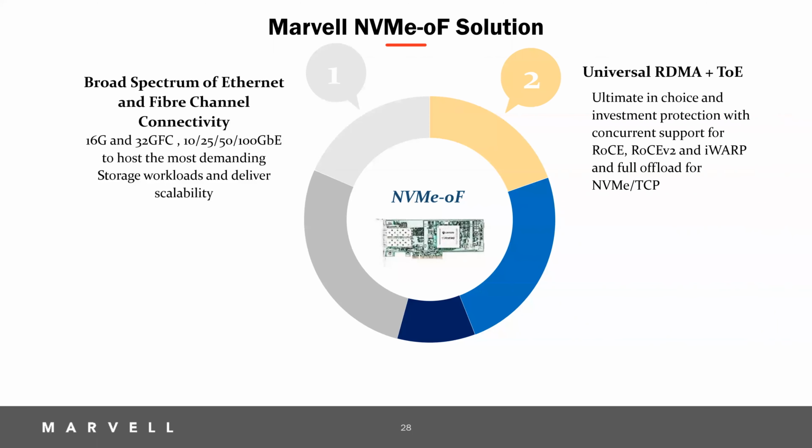So customers have the ultimate choice in the type of RDMA protocols they want to use. This discussion is about NVMe over TCP, and the special thing within Marvell Ethernet technology that fully offloads the NVMe over TCP stack is that within our NICs, there is an embedded TCP offload engine that can help offload NVMe over TCP.